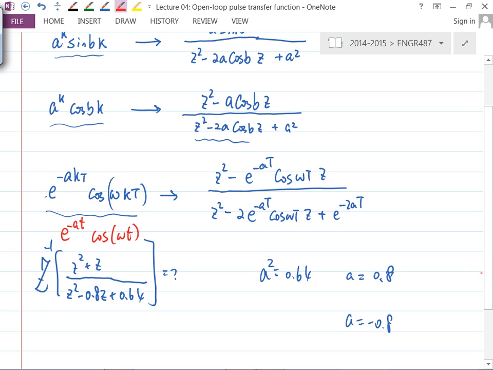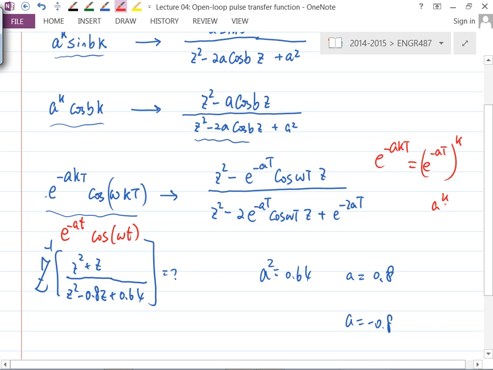Second of all, the Z transform: if you look at the difference between this and that, if I rewrite this as e to the power of negative a k T, what's in the bracket can basically be this small letter a here. That's the analogy. That makes sense?